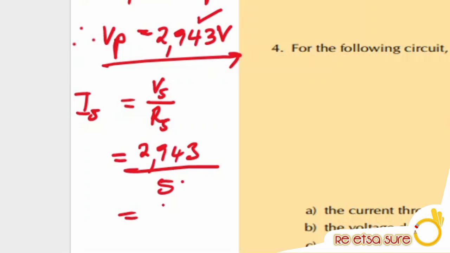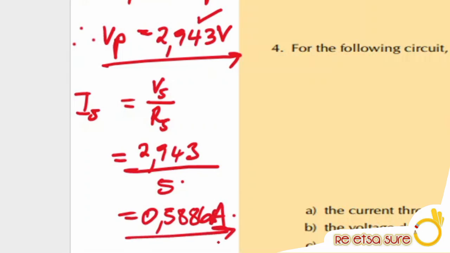So that simply means that I'm going to put the values on my calculator. 2,943, we divide it by 5. Therefore the current that is flowing there must be something like 0,5886 amperes.